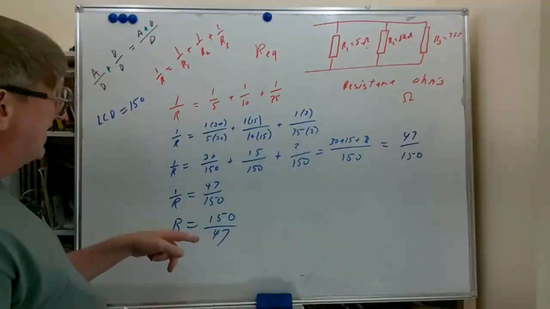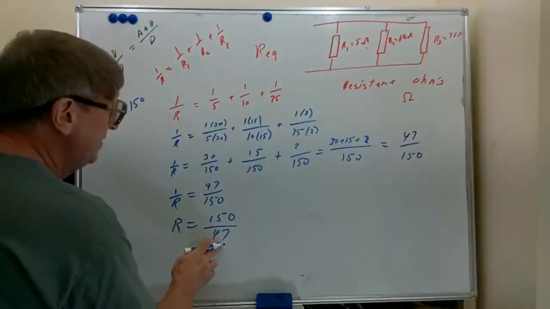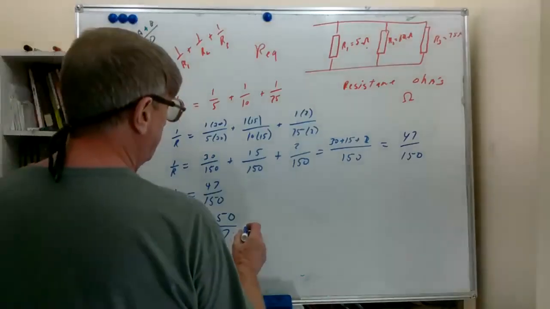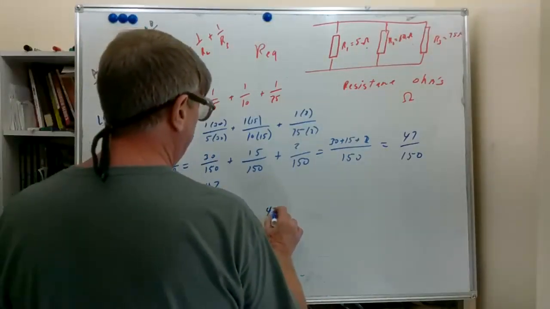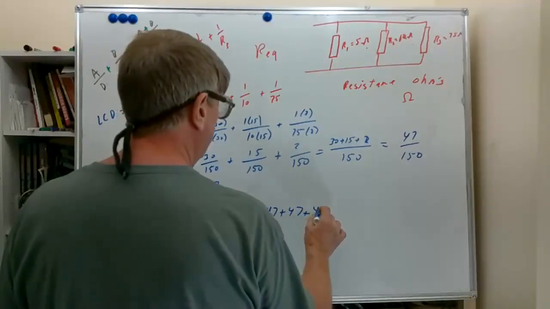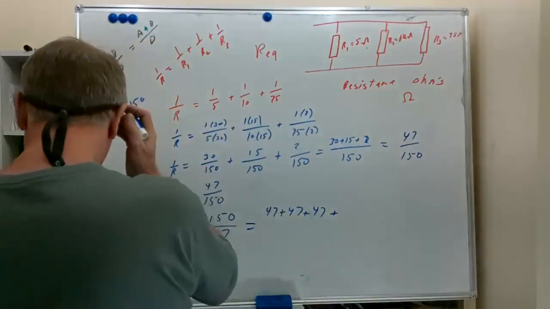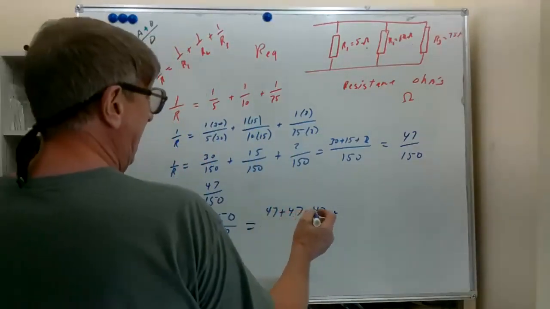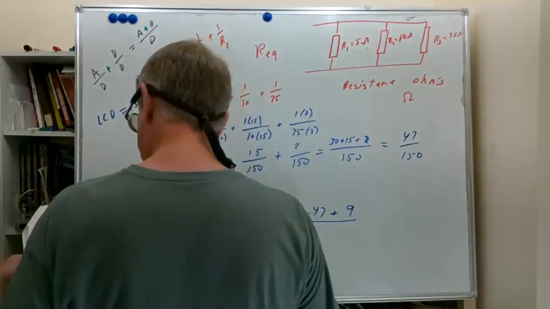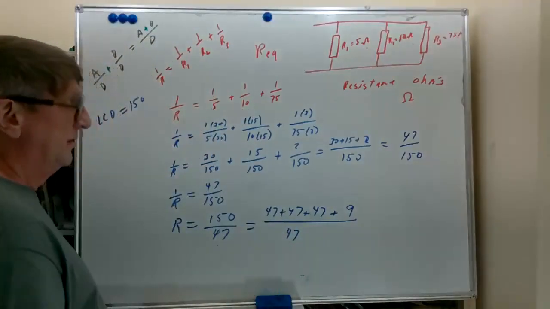Now you'll note that that is another improper fraction. We have the numerator greater than the denominator. So we could rewrite that as 47 plus 47 plus 47 plus 9 over 47, 47 was our denominator.